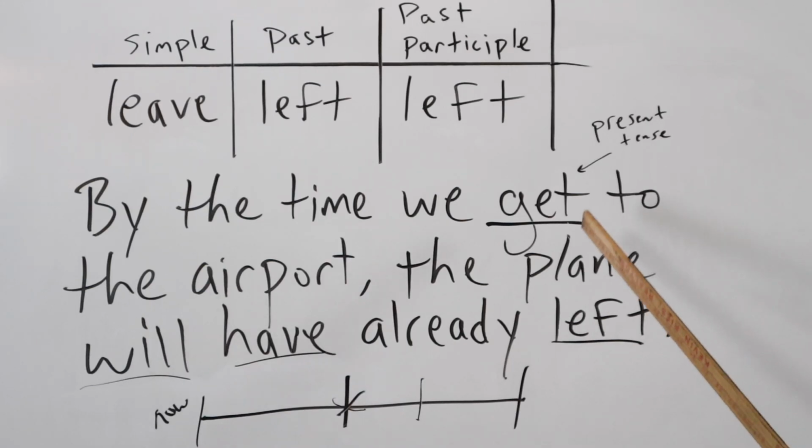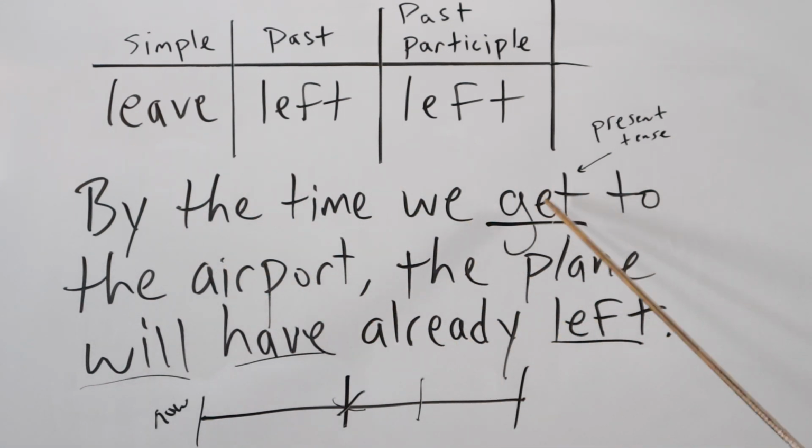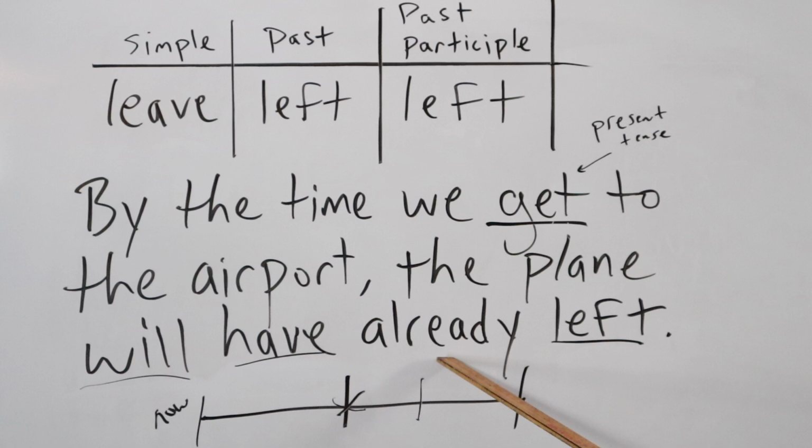Notice that this verb is in the present tense: by the time we get. And in this part of the sentence, the use of already comes before the main verb. This is a good way to emphasize that this happens and is finished in the future.